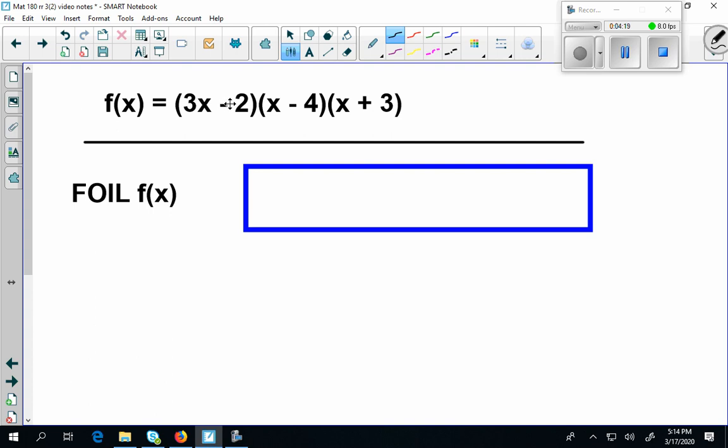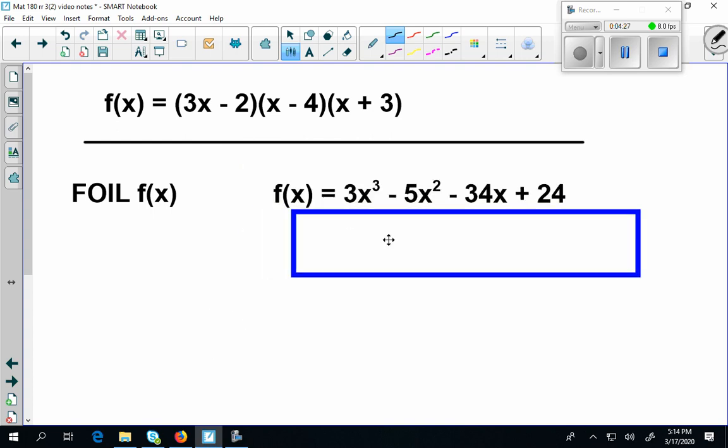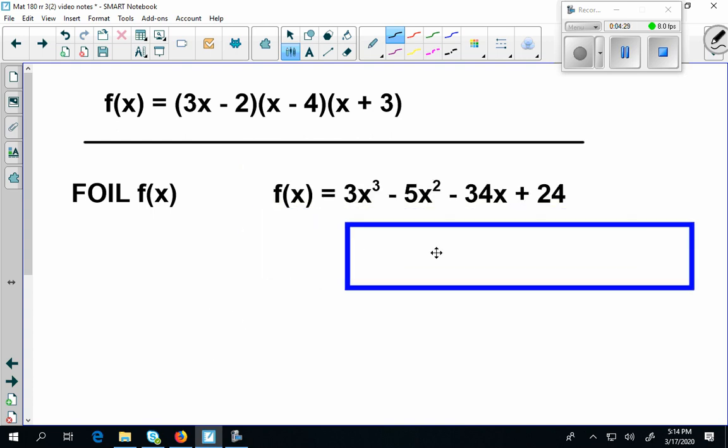Here is the function written again in factored form. If I were to multiply this function out and simplify by combining like terms, I would end up with 3x cubed minus 5x squared minus 34x plus 24.